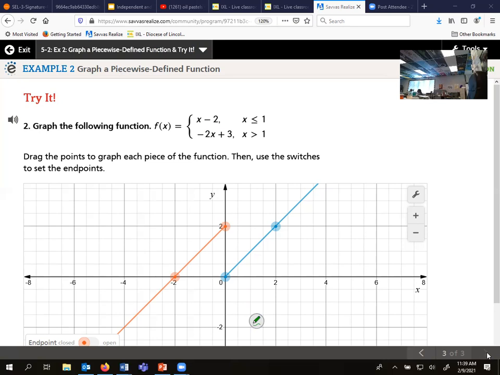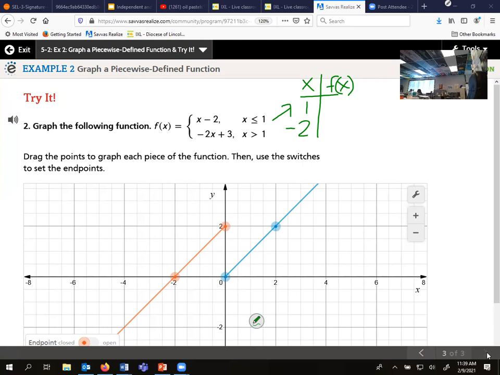So if we're using this first rule, x minus 2 when x is less than or equal to 1, you only need 2 points. I'm going to use 1 as one of those x's, because then I know exactly where my endpoint goes. And then I need another number that's less than 1. Okay, -2. If I plug a 1 in here, what is 1 minus 2?